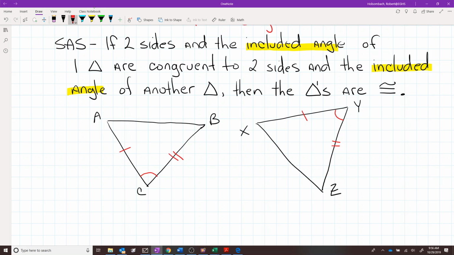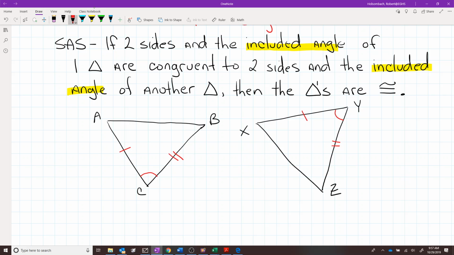The included angle is the angle that's formed by the two congruent sides. The included angle is the angle formed by the two congruent sides. You have to have a side, an included angle, and a side congruent to a side, an included angle, and a side for the two triangles to be congruent by side, angle, side.